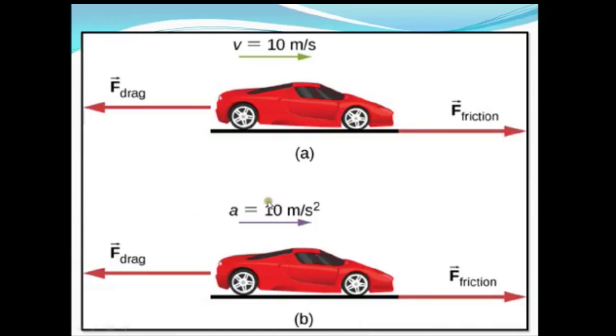These are the different diagrams which also show the friction force as well as the driving force on it. You can see this in the first diagram as well as in the second diagram.